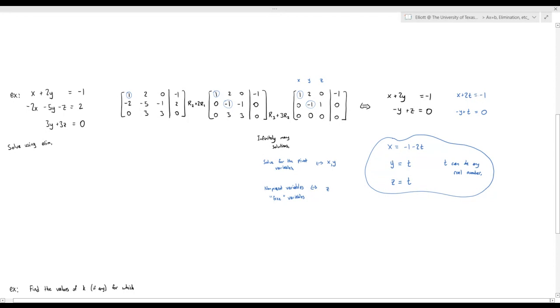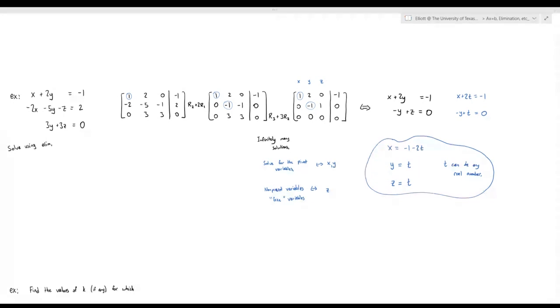So in that sense, x and y are not free because they depend on the value of z, okay? So this is how, if you have infinitely many solutions, if you have to somehow write out what your solutions are and what they look like, people tend to write it in a form similar to this here. Okay.